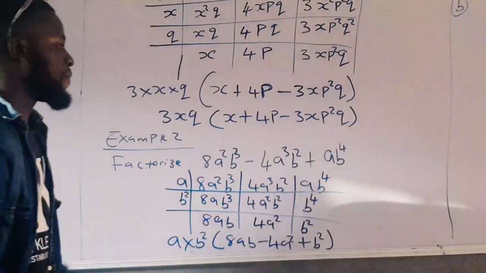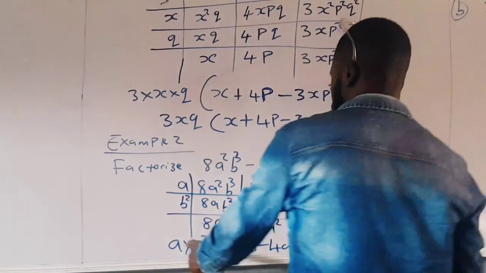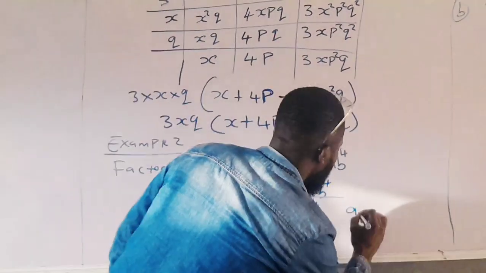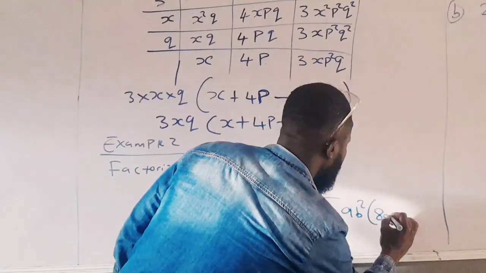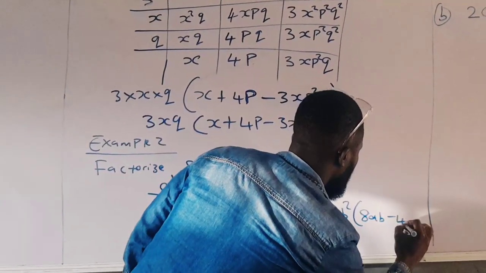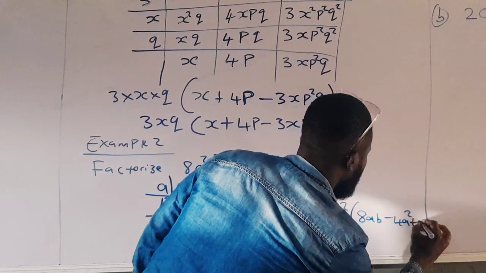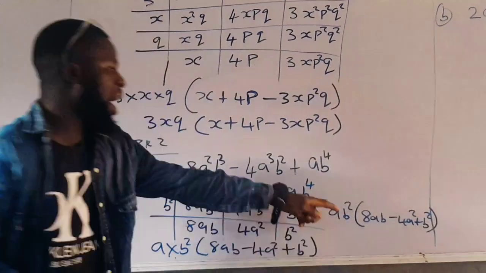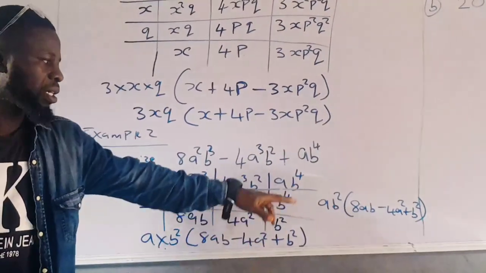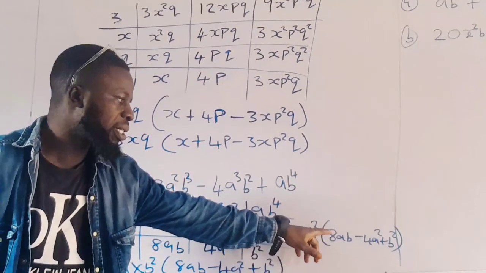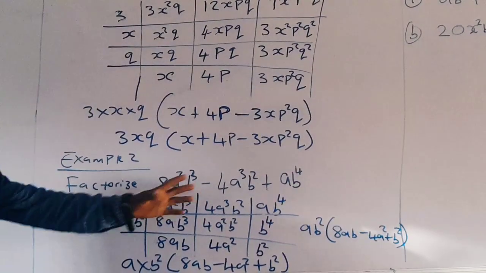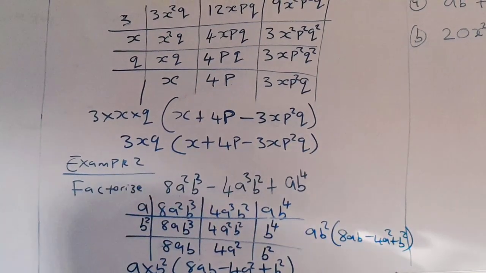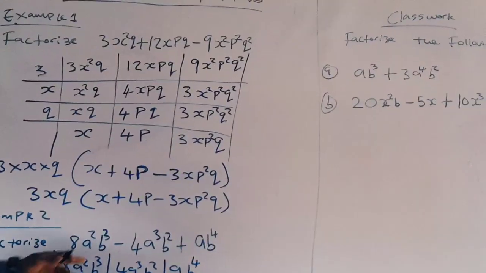And that, now to the final answer, you have a times b squared into bracket 8ab minus 4a squared plus b squared. So we factorize this particular expression.